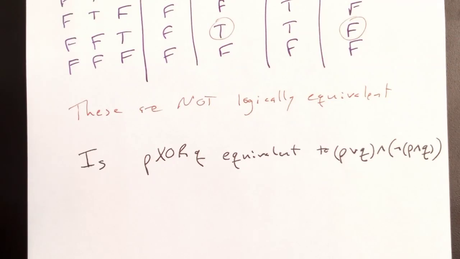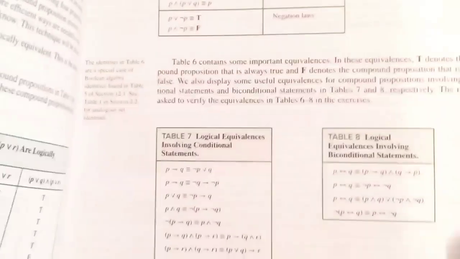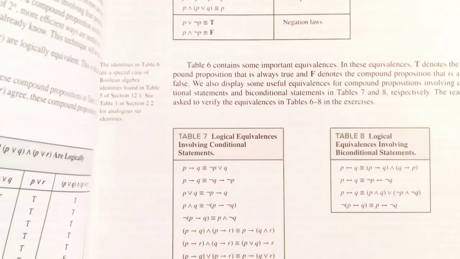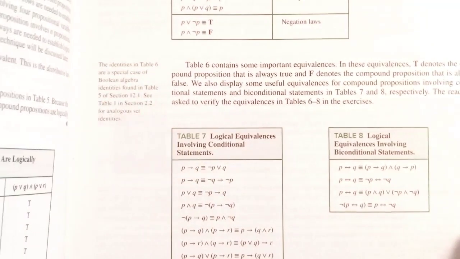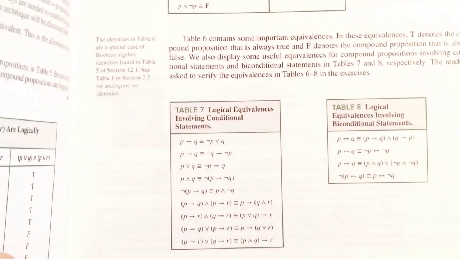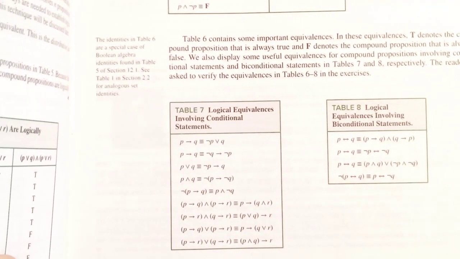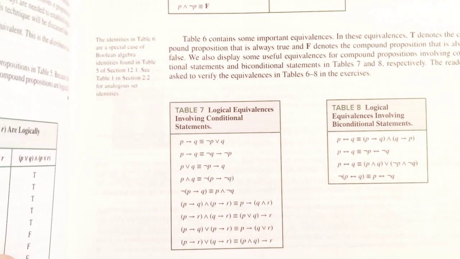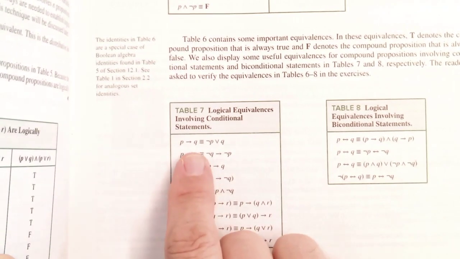But there are 2 other operations that we're missing. What other operations were missing from that giant table? Conditionals and biconditionals. That's what tables 7 and 8 are. I really like this first one.